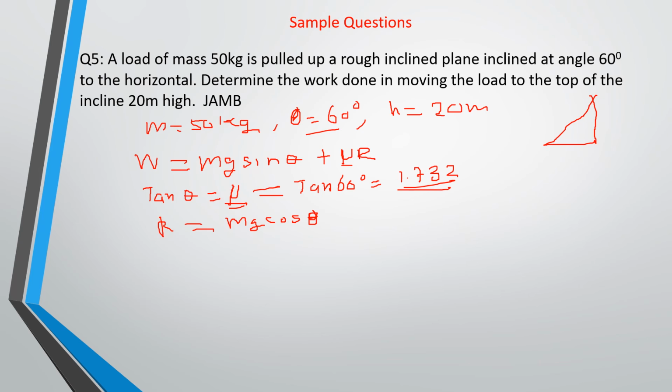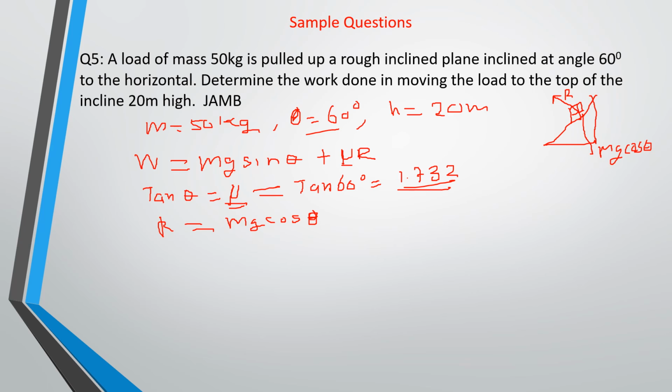The weight component that is perpendicular to the inclined plane is your normal reaction. So this is mg cos theta. Okay, so that is normal reaction.